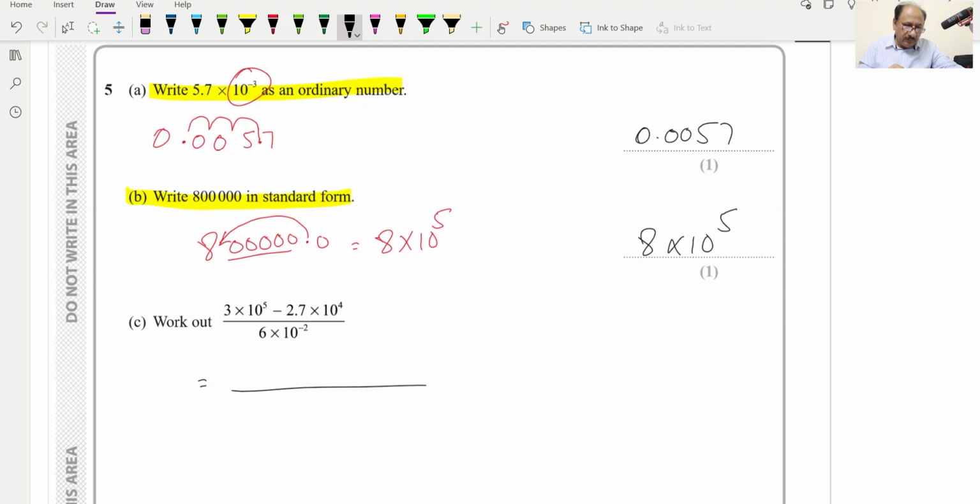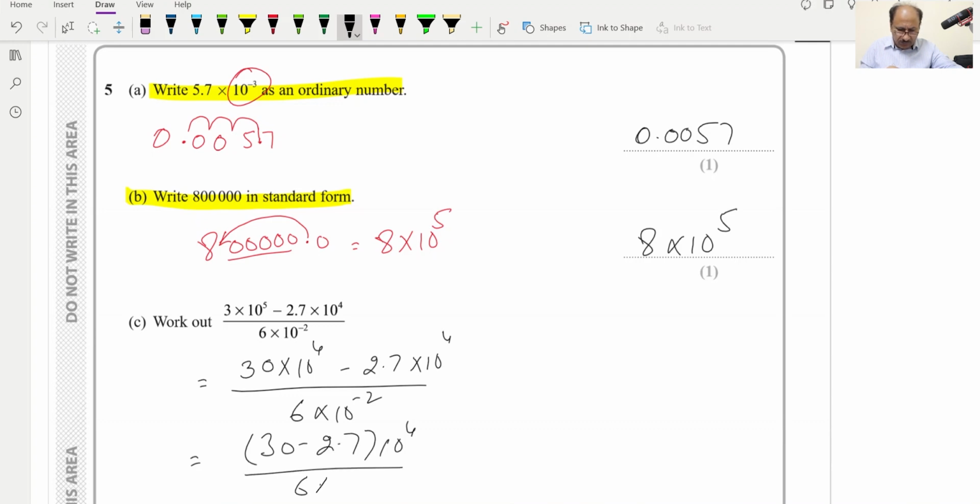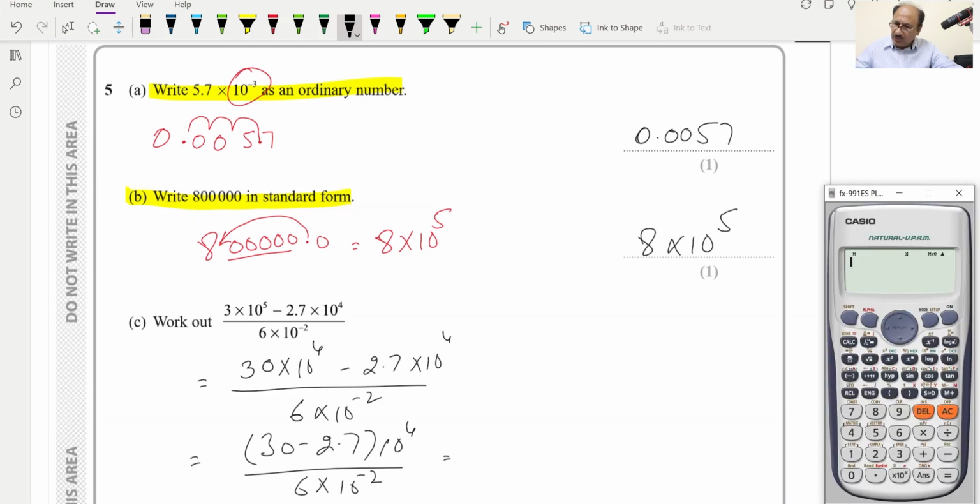For example, the denominator as it is, and 3 into 10 to the power 5 we can write like 30 into 10 raised to the power 4 minus 2.7 into 10 raised to the power 4. 10 raised to the power 4 we can take common, and inside will be 30 minus 2.7, divided by 6 into 10 raised to the power minus 2.